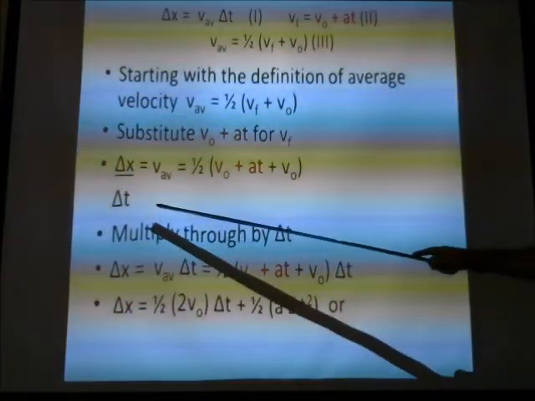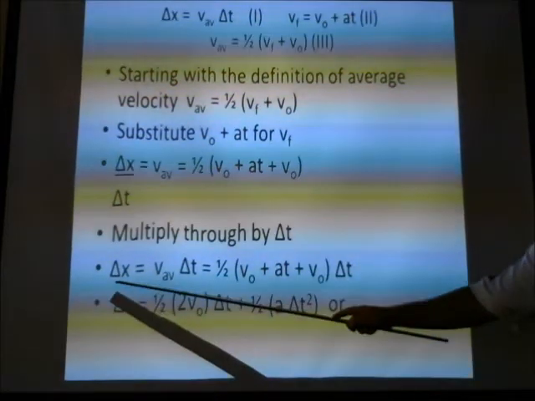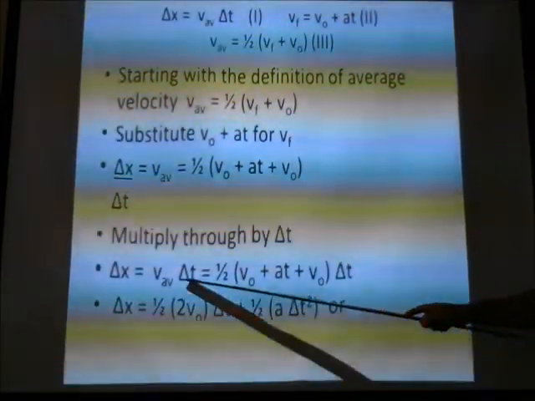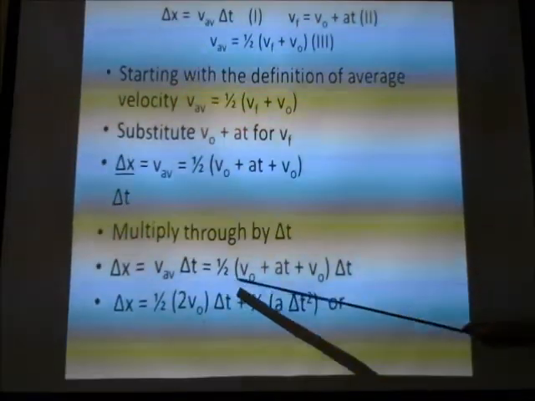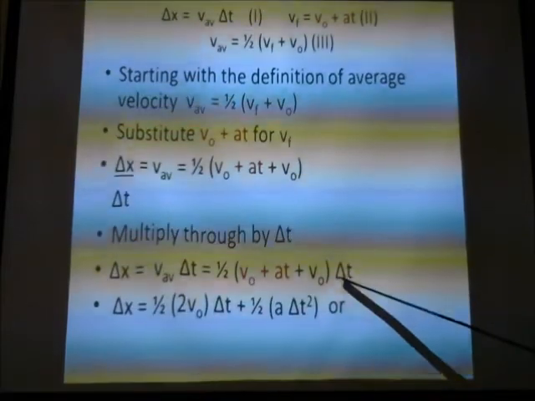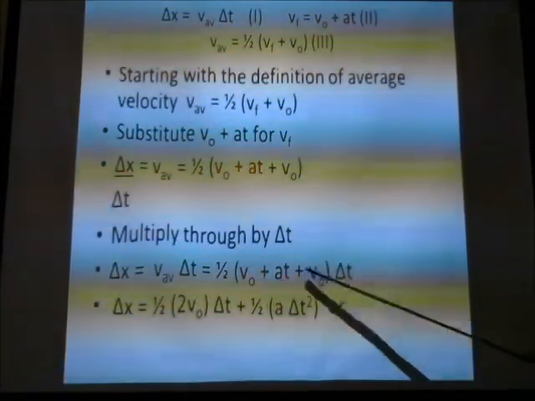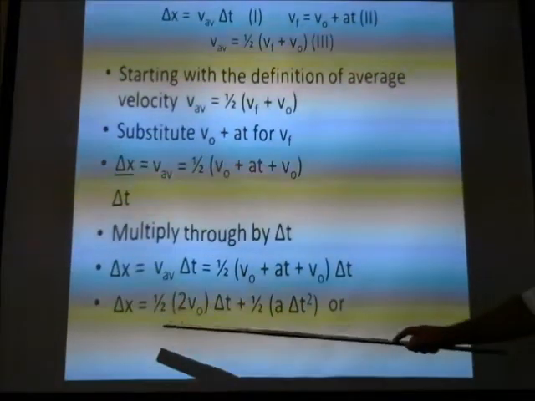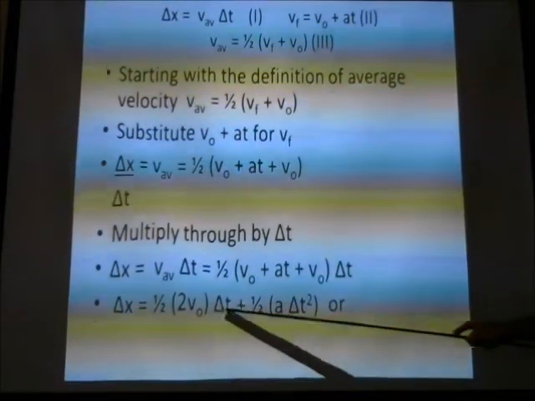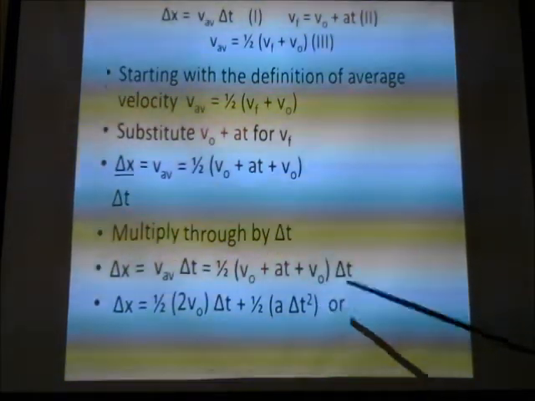Now if we multiply through all that by delta t, we get change of position equals average velocity times change in time equals 1/2 of Vf plus V naught times delta t. Now if we distribute the 1/2 across that quantity and the delta t across that quantity, we get 1/2 of 2V naught plus at, times delta t.